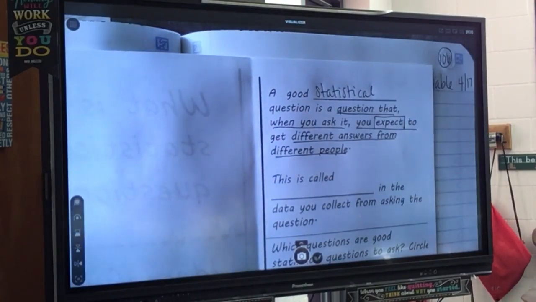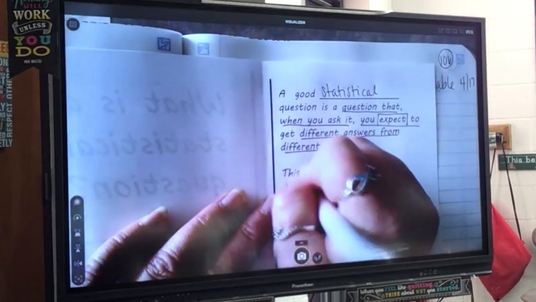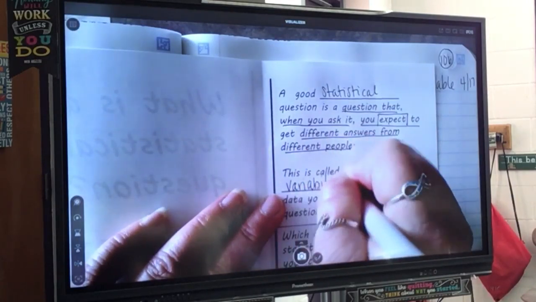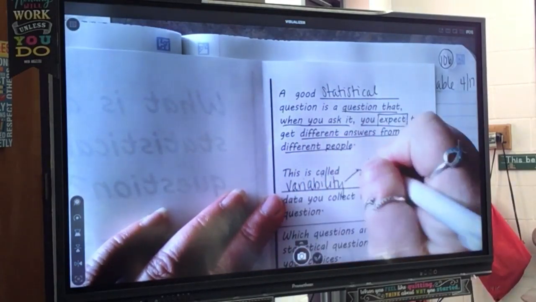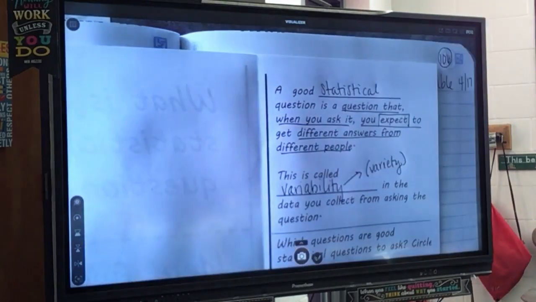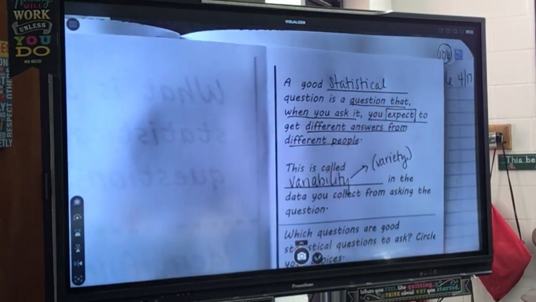Make sure you underline, highlight, whatever you want to do. This is called variability. And in parentheses, I want you to put, in the data you collect from asking the question.